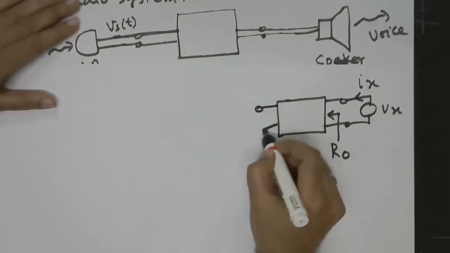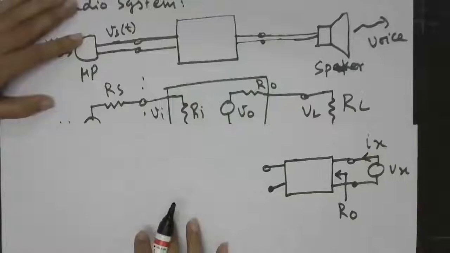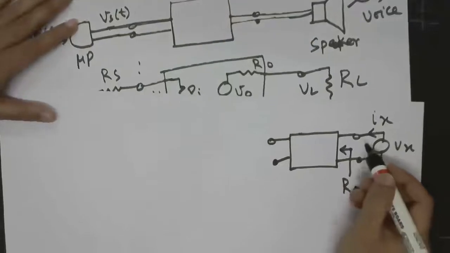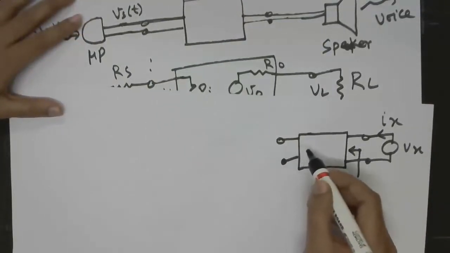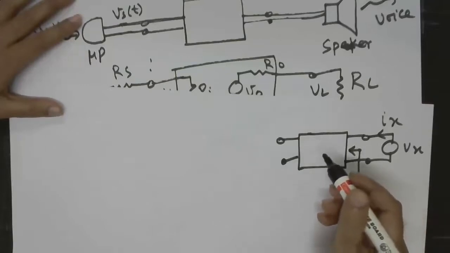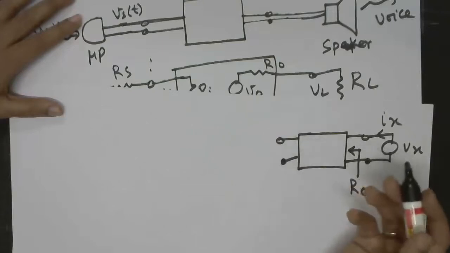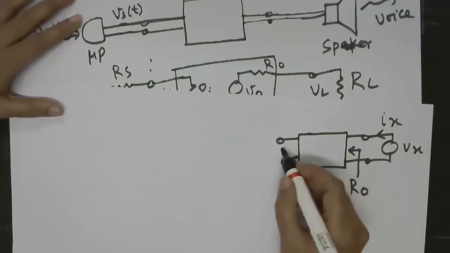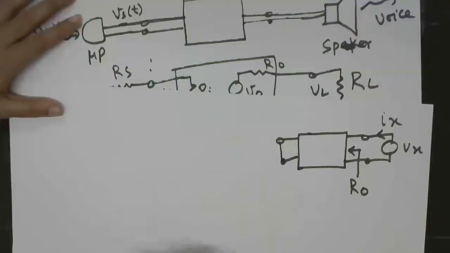But there is an input side also, which you can see has a source connected to it. So when we are trying to find this Thevenin resistance looking from the output side, we know that all the independent sources should be removed. Removing independent sources means short circuiting the voltage sources and open circuiting the current sources. So here we will have to short circuit it.